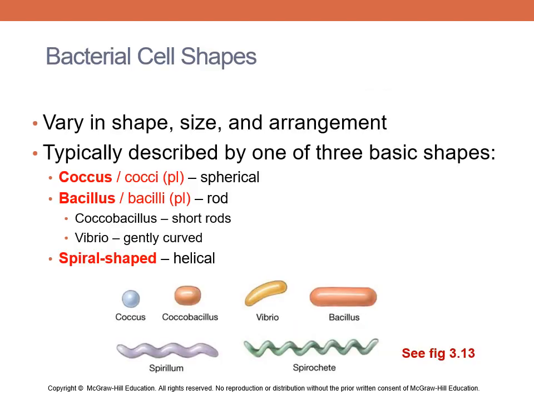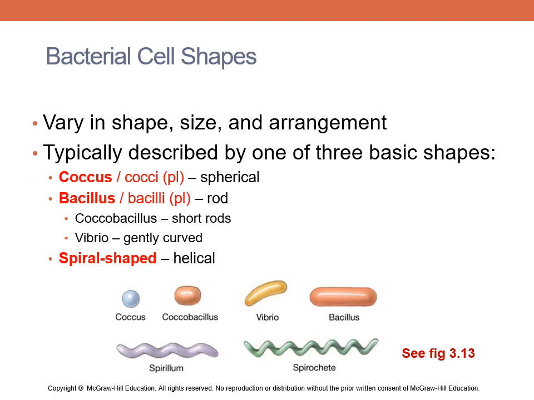Bacterial cells vary in shape, size, and arrangements and are typically described by one of three basic shapes. Repeat after me: coccus or cocci for plural. This is a round or spherical shaped cell. Bacillus or bacilli, plural, is a rod-shaped organism. Shapes of some organisms are not so easy to determine and may be a variation.